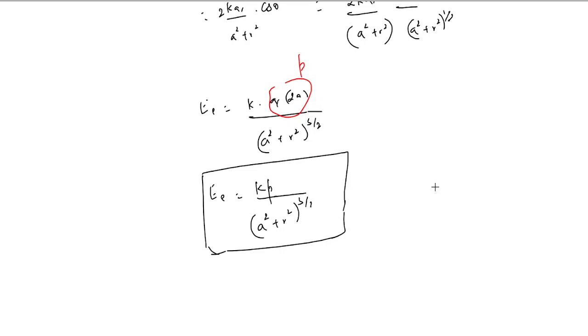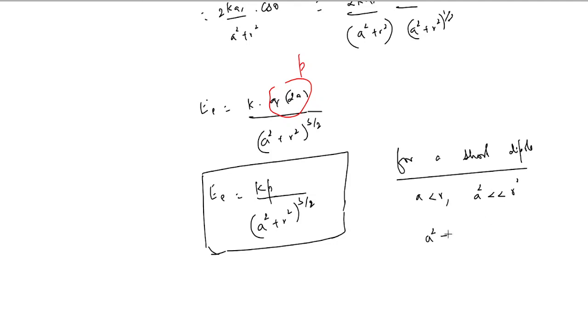But here, if we assume a short dipole, a short dipole would mean that the distance between the two charges is small compared with the point where we are supposed to find the electric field. Mathematically, it means that A is much less than R. That would imply that A square is very much less than R square.